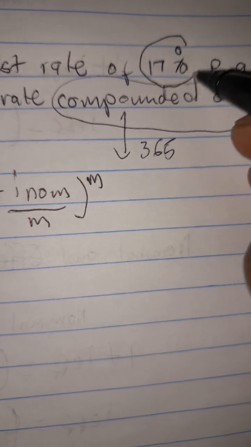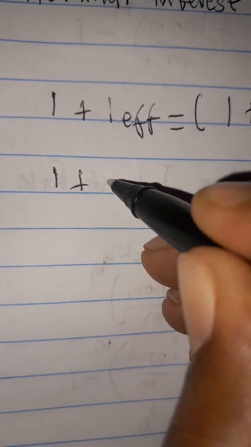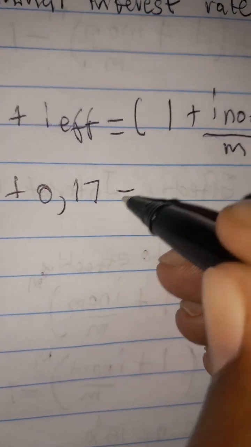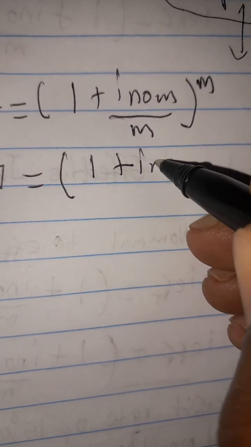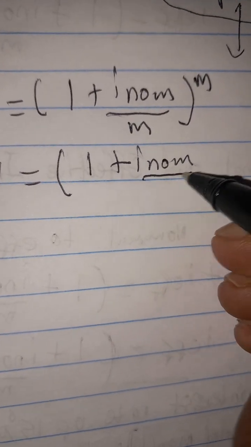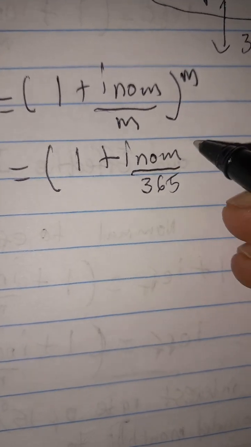We're given the effective interest rate. When we change 17%, divide by 100, you're going to get 0.17. So we are going to have 1 plus 0.17, which is equal to 1 plus I norm, which is the one we're looking for, divided by 365, the compounding period, to the power of 365.